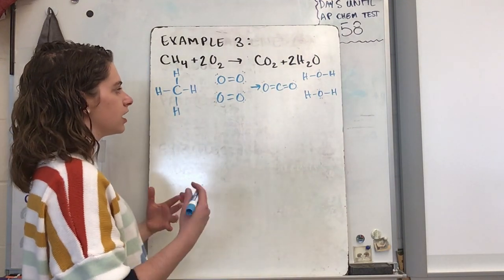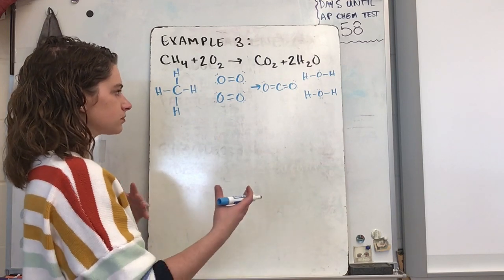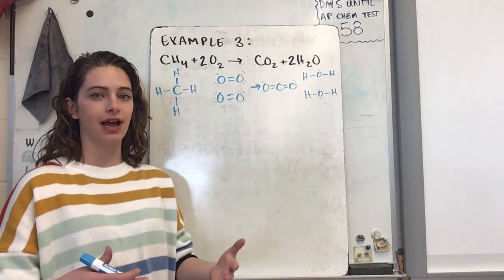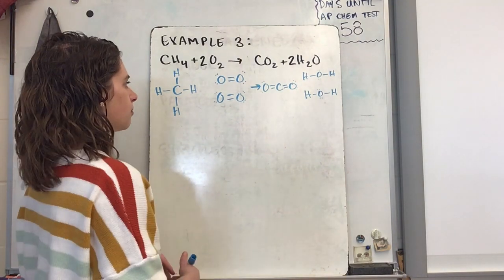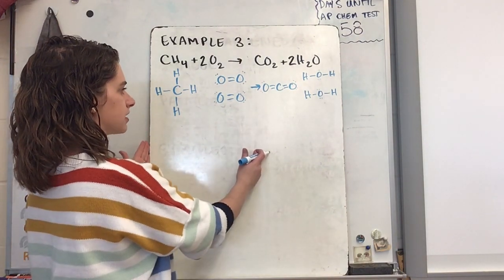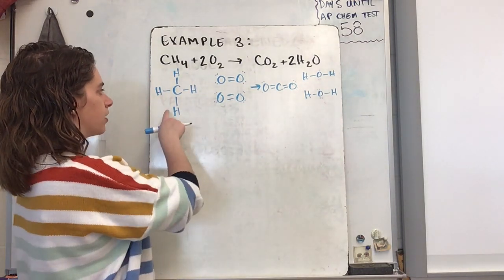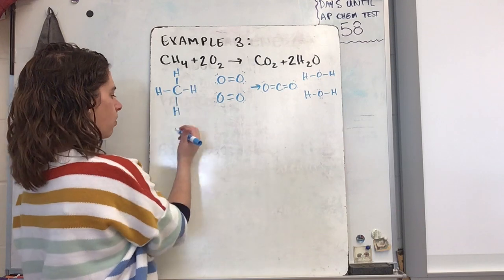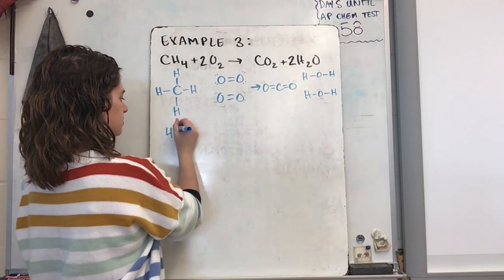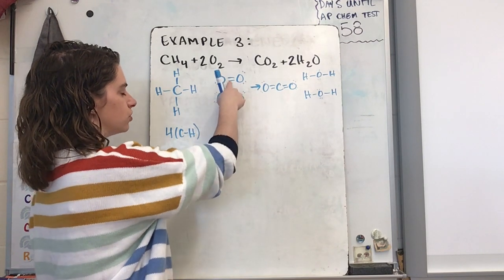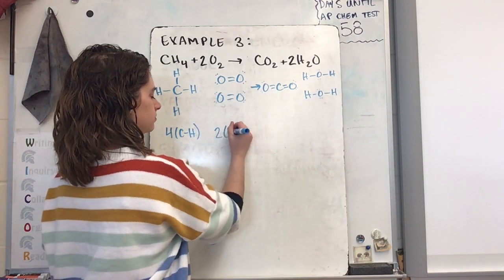Okay, so if we think back to our comparison of our reactants and our products, we're always going to do broken minus formed. Okay, so we're going to break all of the bonds in our reactants and we're going to form all of the bonds in our products. Okay, so we're going to break 1, 2, 3, 4 carbon-hydrogen bonds. And we're going to break 2 O2 bonds.